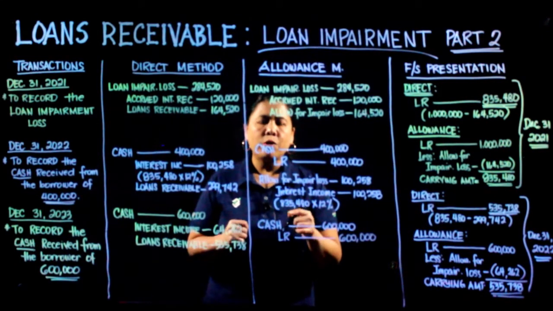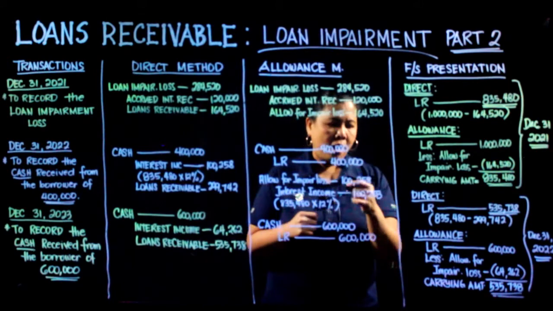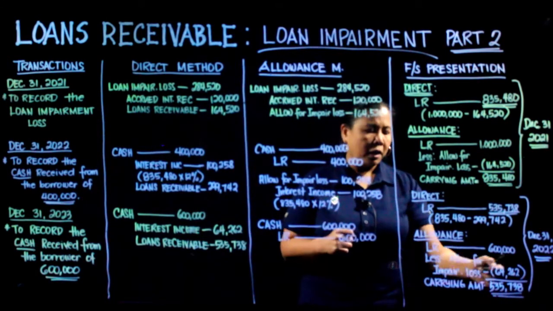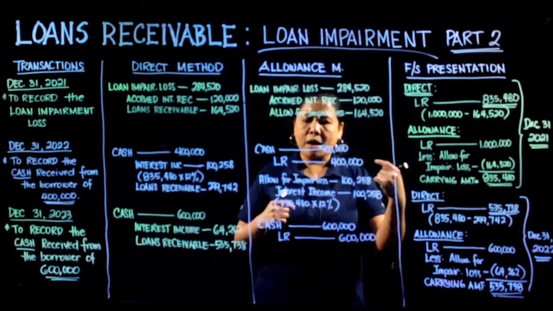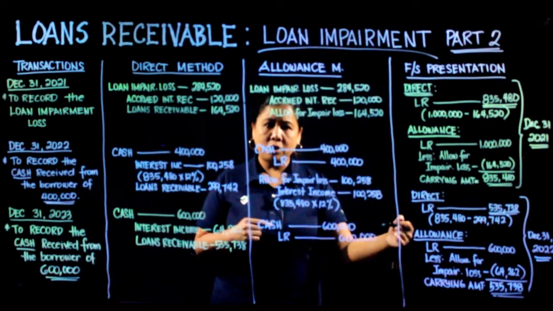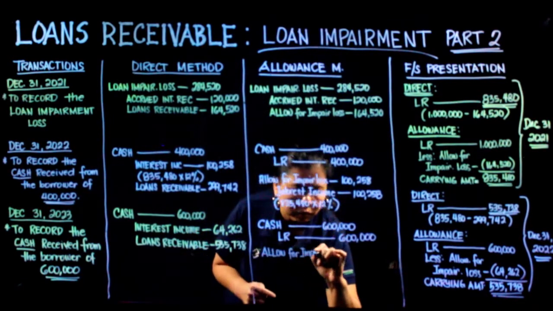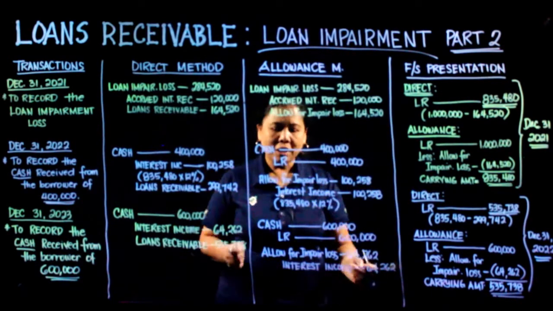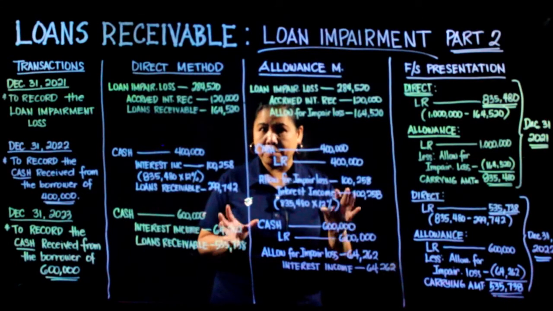Alright? Then we will recognize our interest income na titira sa account na allowance for impairment loss na 64,262. So, we debit allowance for impairment loss para ma-zero out natin yung account na yan. Ganun po ang magiging entry natin kapag ginagamit natin ay allowance method.